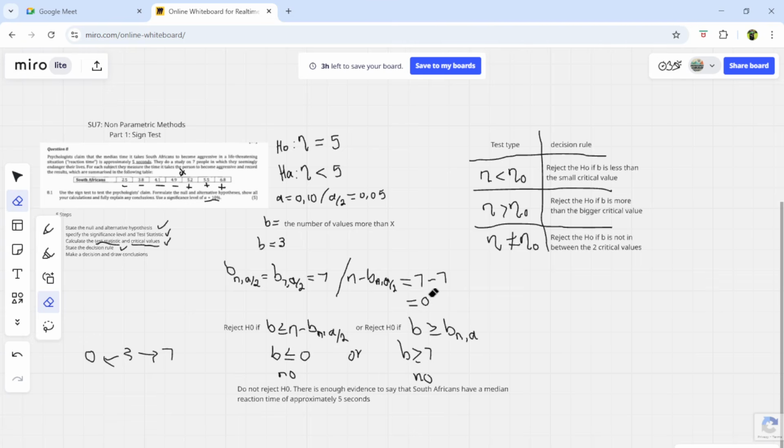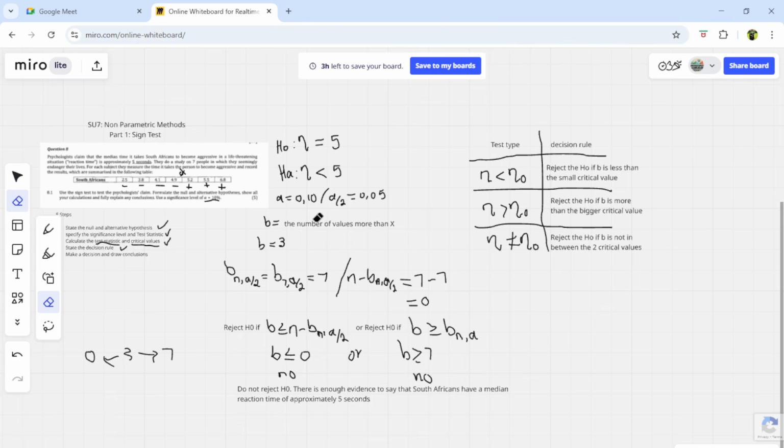If b is smaller than the smaller critical value, which is this, but you can see that b is not less than this. So if this was less than, everything will be the same, and you say do not reject the null hypothesis, because b is actually greater, not less than this.